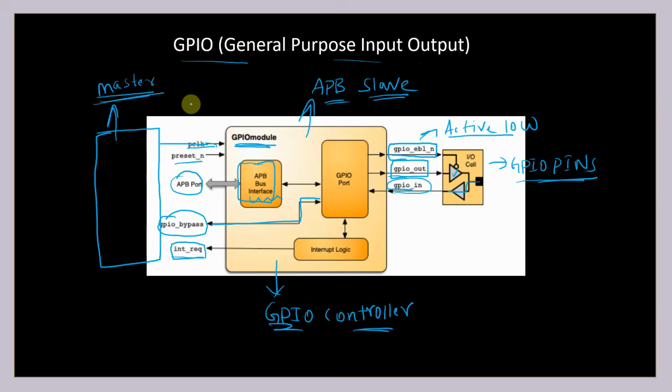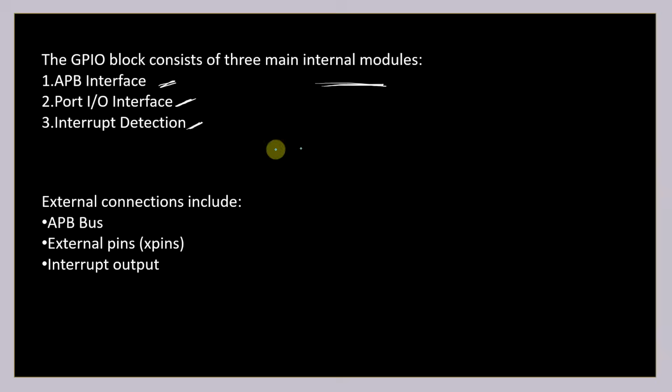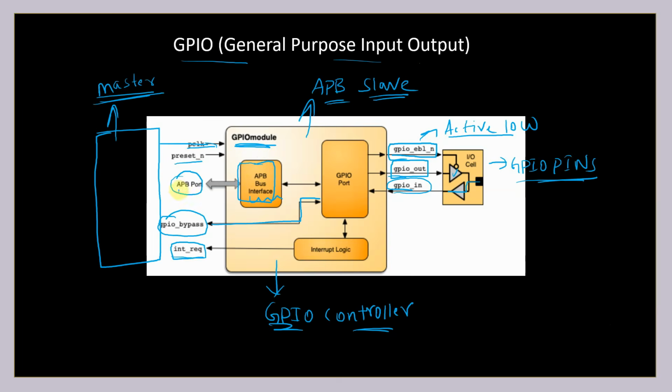This is my master, and I've shown this particular architecture. If your RTL or your processor wants to communicate with your GPIO pins, this is your GPIO controller which we are going to have, and inside this GPIO controller we are going to have these particular modules, where we have PCLK and PRESET as our inputs, and the APB interface we are going to connect to our APB bus interface, and we are going to have one more GPIO bus.